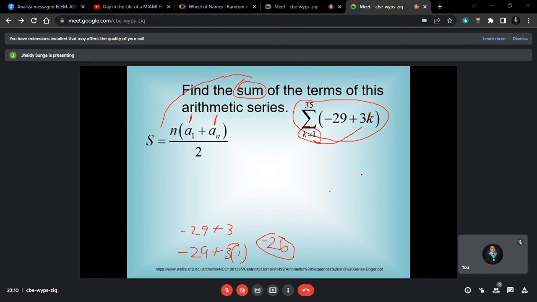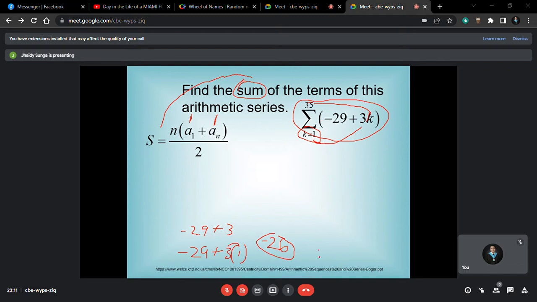Now, having the 35, if we substitute 35 to the k, what will be the last term? Whatever the value above the sigma sign, it will be the last term, no?